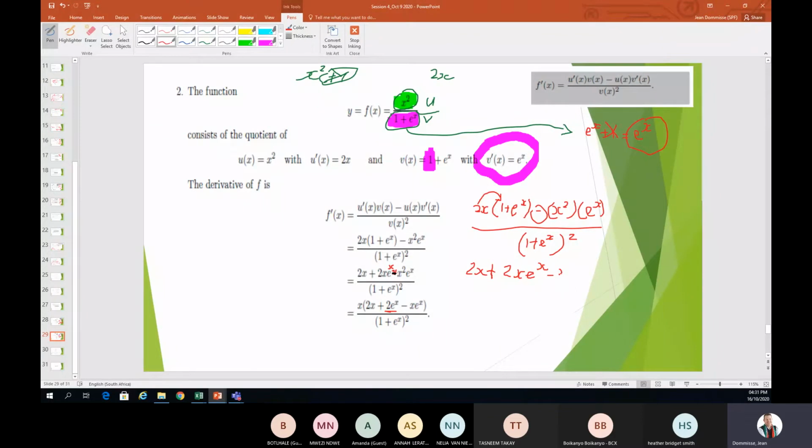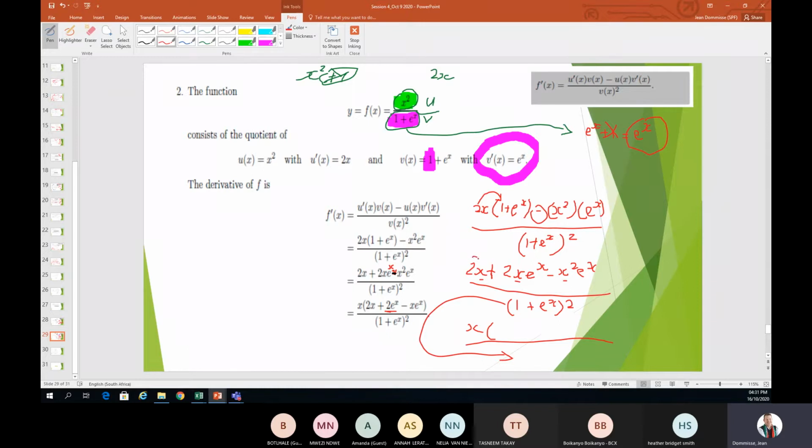So it is x to the power of 2 e to the power of x, and that we will divide by the 1 plus e to the power of x, squared. So now all that they did was to say, okay, there we've got a x, there we've got a x, there we've got a x. So we will take x out because it is common in all of them, and only common in what is at the top. So that part will still be written there.